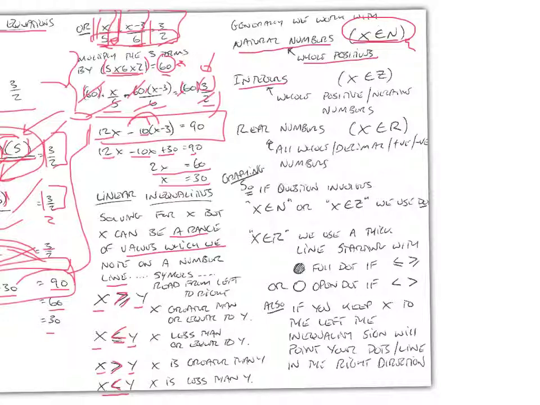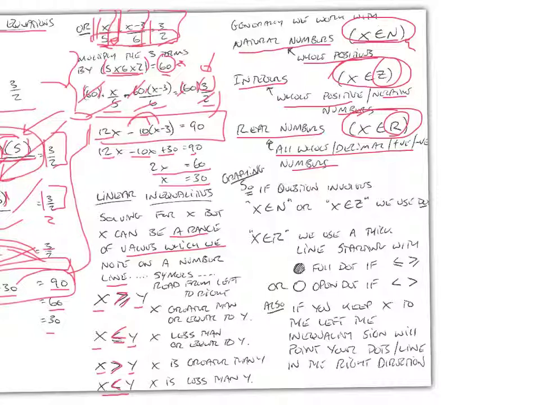We'll meet with integers, whole positive and negative numbers, and we'll know they're integers because it will tell us that x is an element of this set of integers, Z. We'll meet with real numbers, and real numbers are basically all numbers: the positives, negatives, whole numbers, decimals, fractions. They're the whole range of numbers. Every number is a real number, but not every number is an integer and so on. We'll know the real numbers because we'll see in the problem that x is an element of the real numbers.